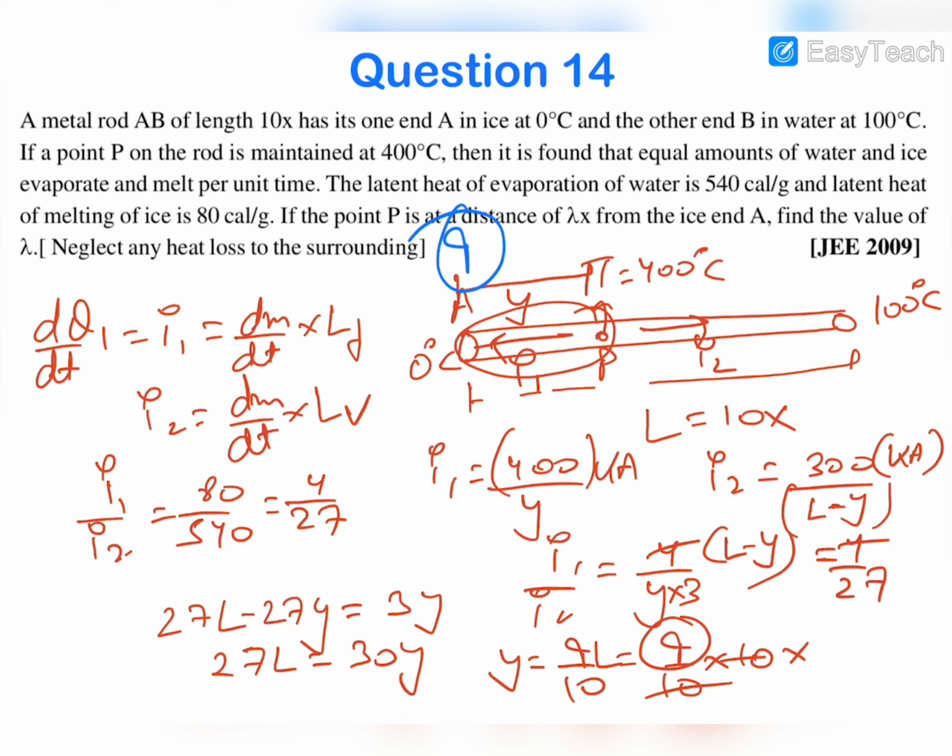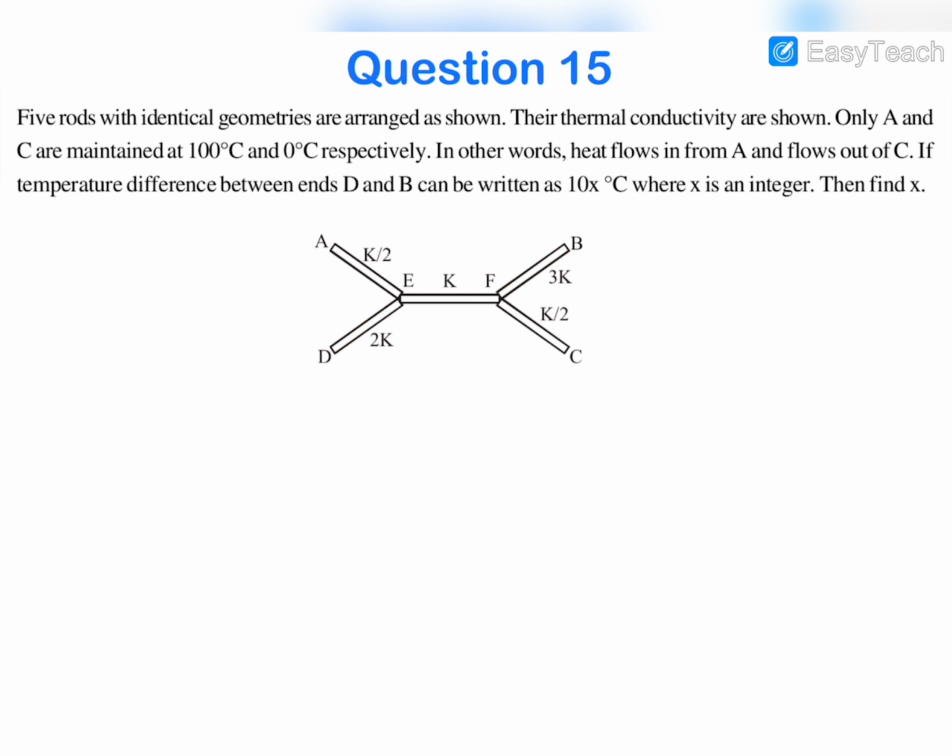Now let us move on to the next question. In this question you can see that there are 5 identical rods which have identical geometry. K is different, and only A and C are maintained at different temperatures. The temperature of A is 100 degrees Celsius and the temperature of C is 0 degrees Celsius.